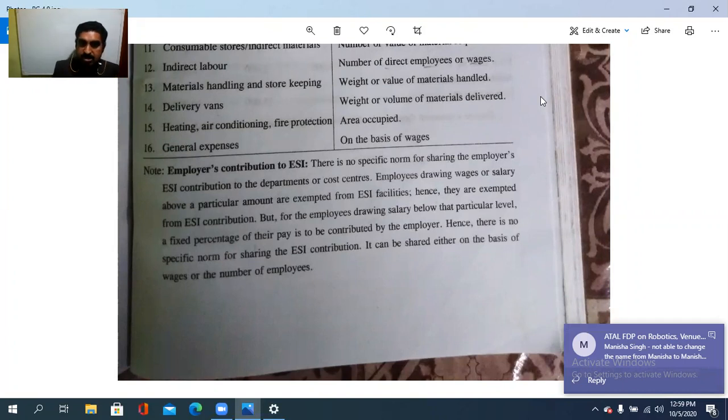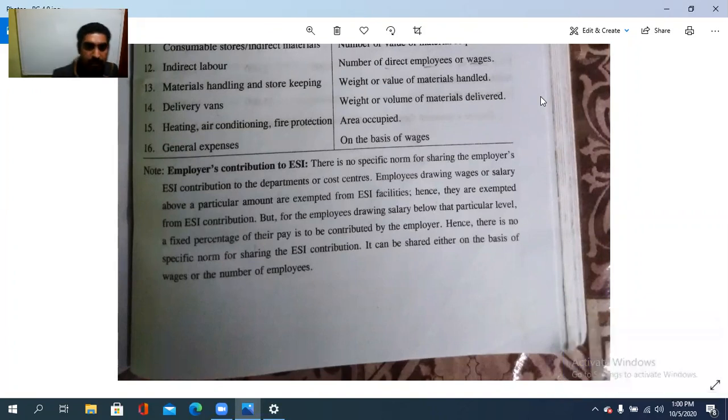But for employees drawing salary below that level, a fixed percentage of their pay is to be contributed by the employer. Hence, there is no specific norm for sharing the ESI contribution, as it can be shared either on the basis of the number of employees or the wages of the employees. So this is the case with regard to employees' contribution.